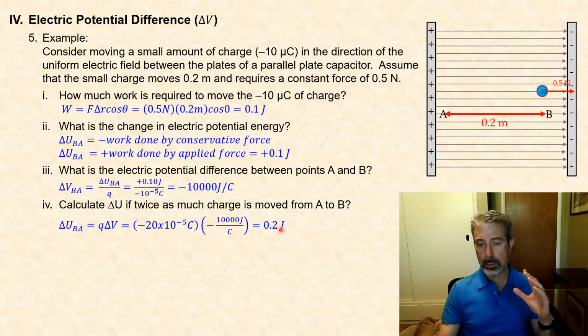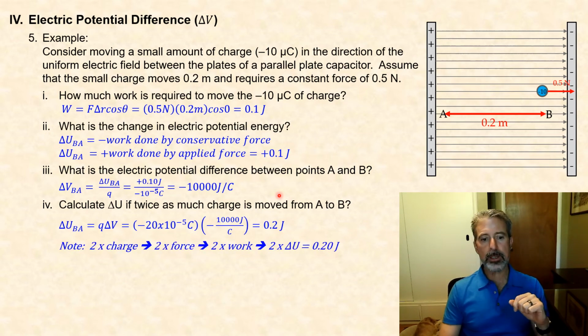Twice as much charge will experience twice the change in electric potential energy. So 2 times the charge means 2 times the Coulomb force, twice as much work required by the applied force against the Coulomb force, which means it has twice as much electric potential energy, or would experience twice the change in electric potential energy.